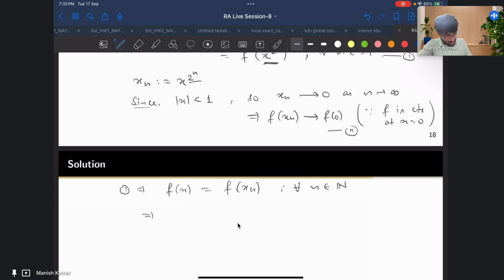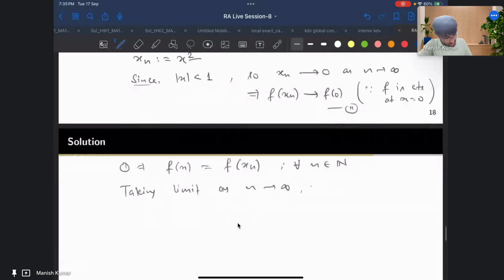Taking the limit as n going to infinity, we get f of x is equal to f of 0, right? And this is what we wanted.